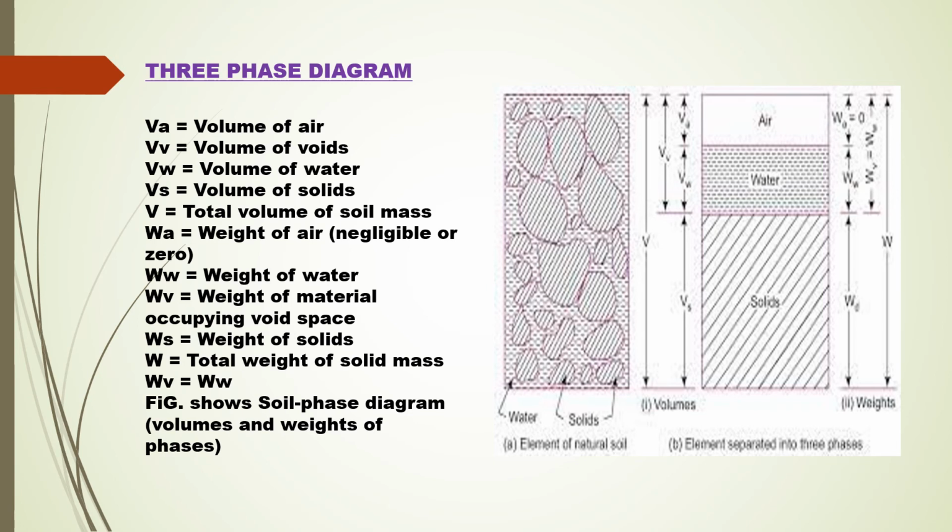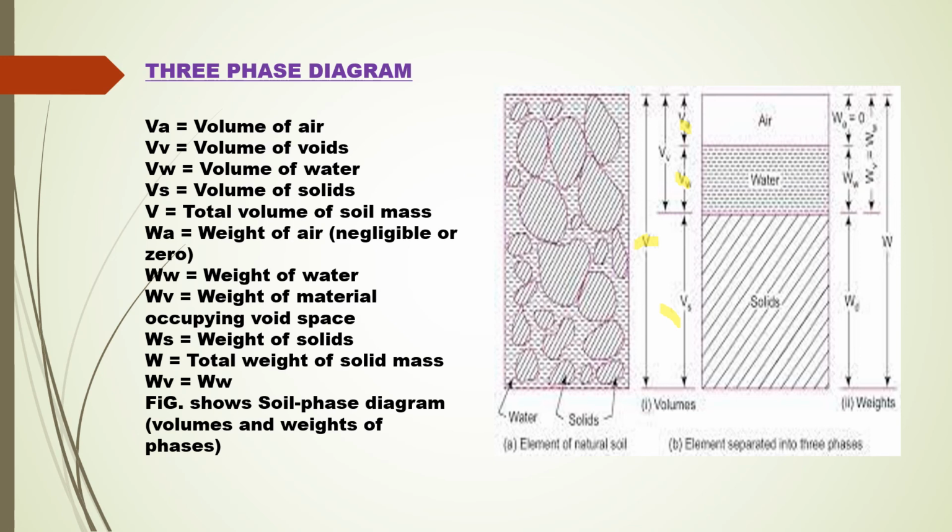A typical three-phase diagram of the soil is shown here. Capital V is the total volume of the soil mass, and Vv is the volume of voids. Volume of voids is equal to volume of air plus volume of water, and Vs is the volume of solids.